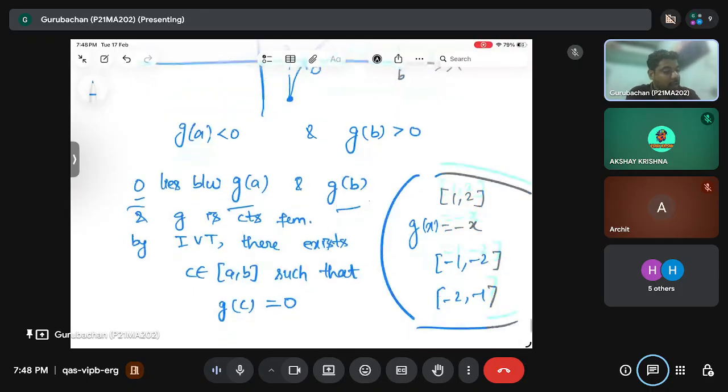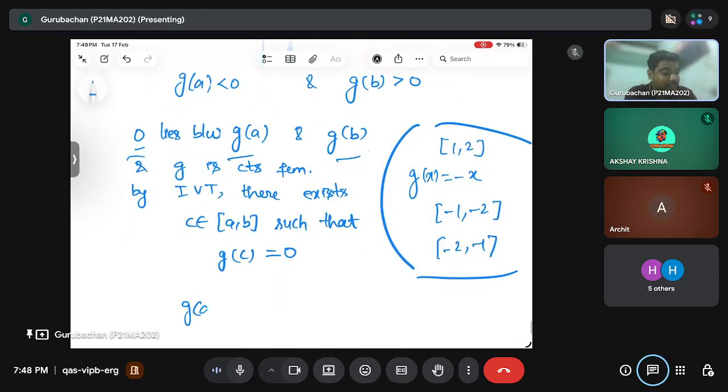In the same way, there might be a possibility that g of a might be positive and g of b will be negative. Then again you can find a root.